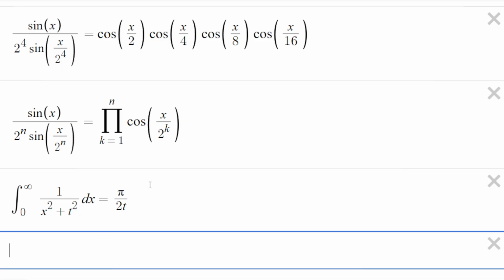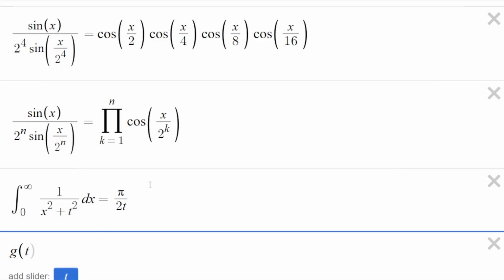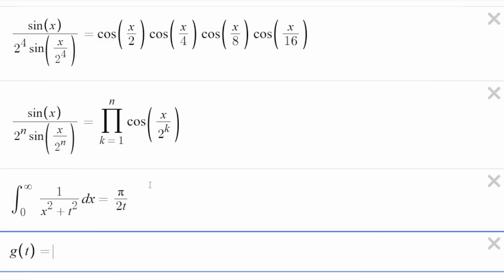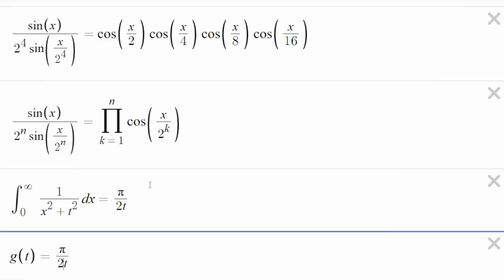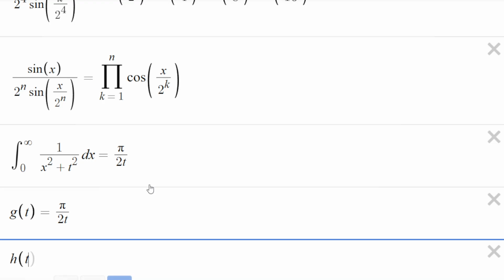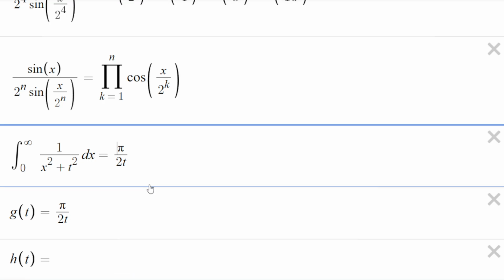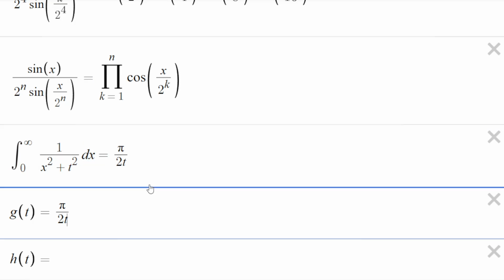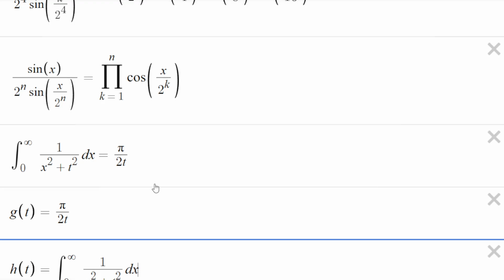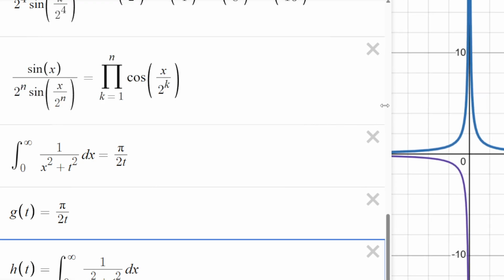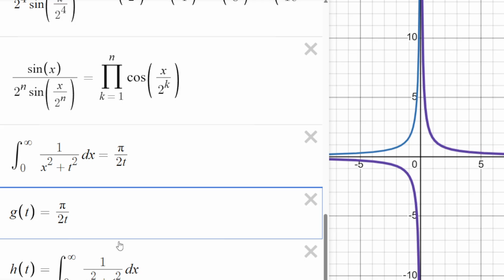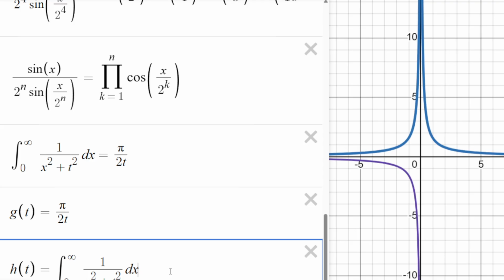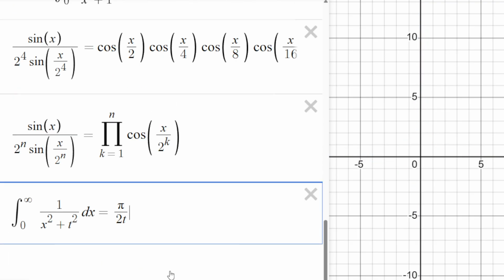What I'll do is I'll create a g of t equal to pi over 2t, and then we'll create an h of t equal to this, and they are going to match for t greater than 0. All right, let's bring out our graph again, and you can see they do. There's the purple one, there's the blue one, and they overlap right here. Okay, and those are the only values of t we're going to be interested in anyway, so it's all good.